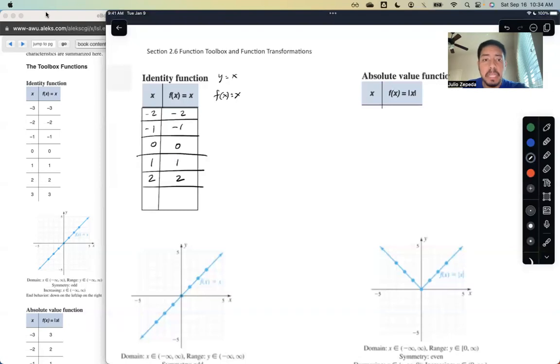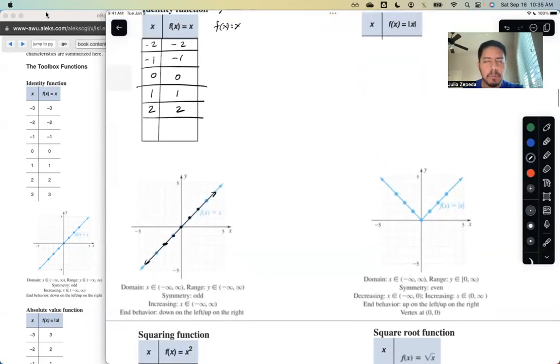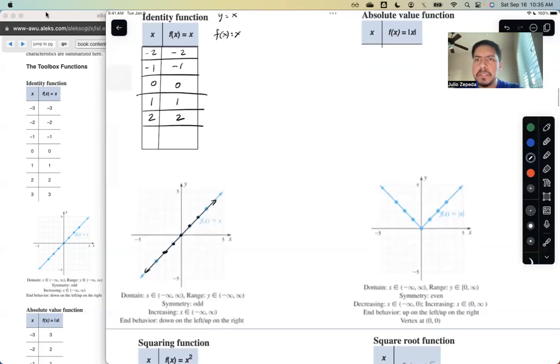Okay, so we should be able to graph this. You can see the graph is already done below, but if we had a piece of graph paper, we could just plot these points. And then it turns out that all of the points for this function lie on a straight line, and we put arrows on the end of it. A couple of facts: the domain is all real numbers, -infinity to +infinity.